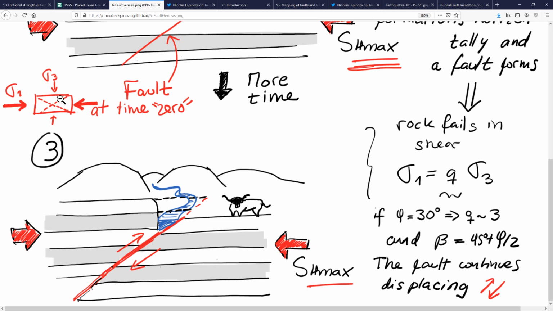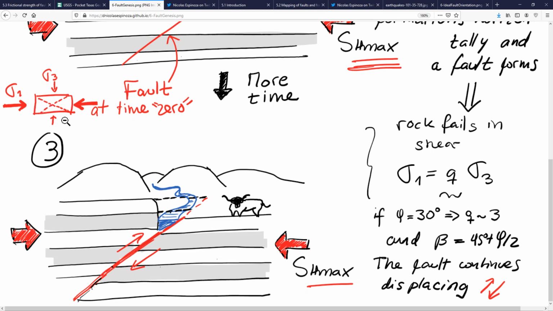We'll come back to this example in a bit, but notice that this is following exactly what we have seen for shear strength for the failure of a rock under a triaxial condition, in which a fault or a fracture would form at a certain angle with respect to the principal stresses, which is steep with respect to the orientation of the plane where the maximum stress is applied.